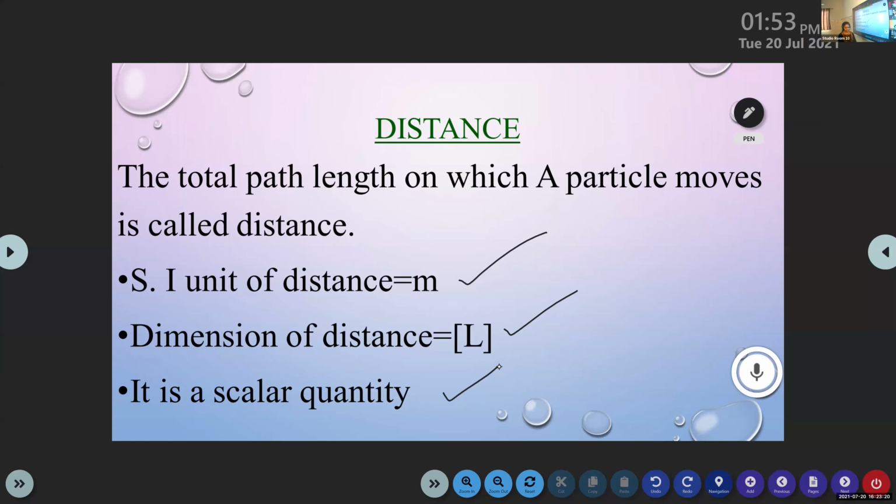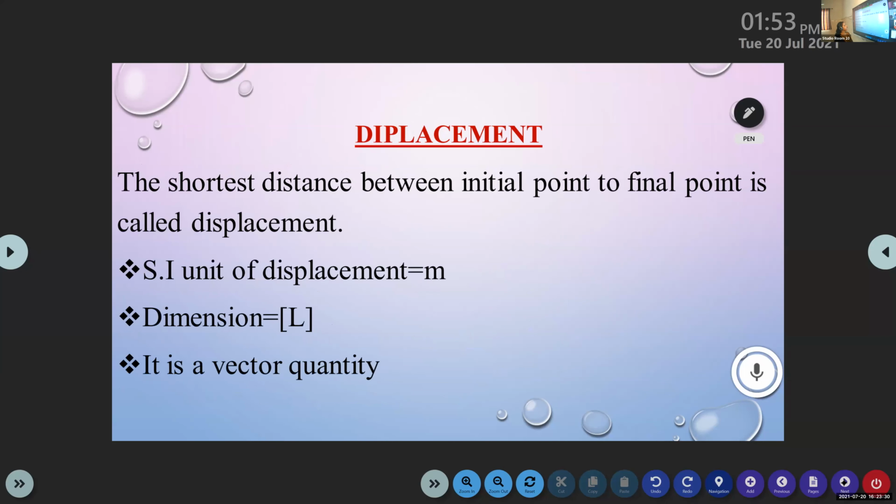Distance is a scalar quantity. Now we can move to displacement. What is displacement? The shortest distance between the initial point and the final point is called displacement.